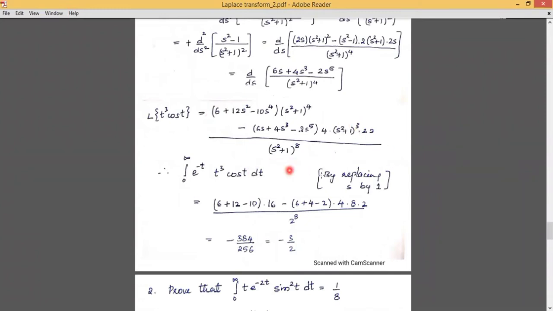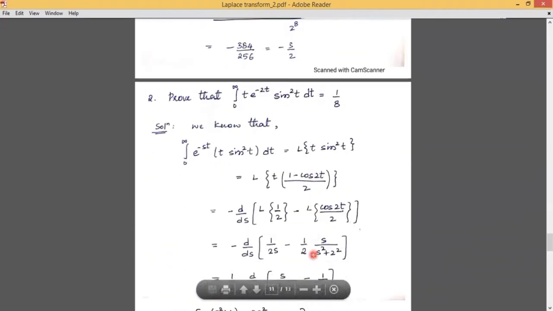This is actually the integral from 0 to infinity of e^(-st) t^3 cos t dt. Now I need just e^(-t) t^3 cos t dt. So I can do that by replacing s by 1. So in this step, I have replaced s by 1. So after simplifying, we'll get -3/2.